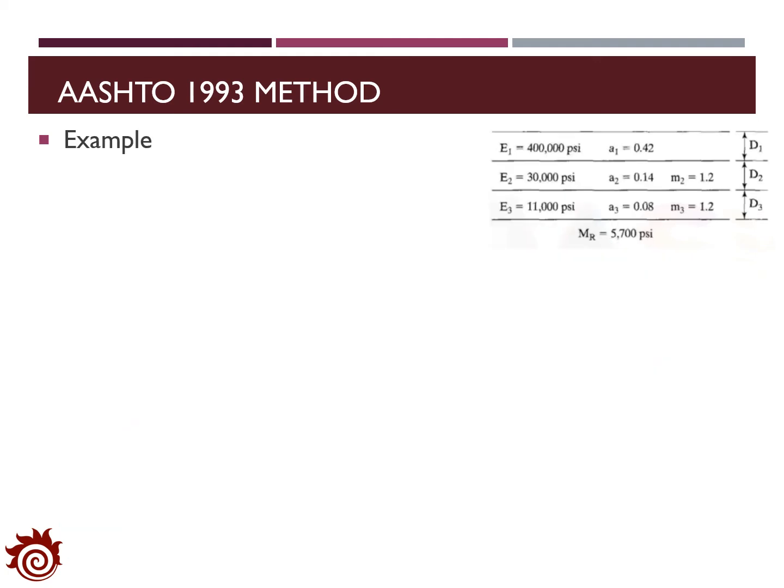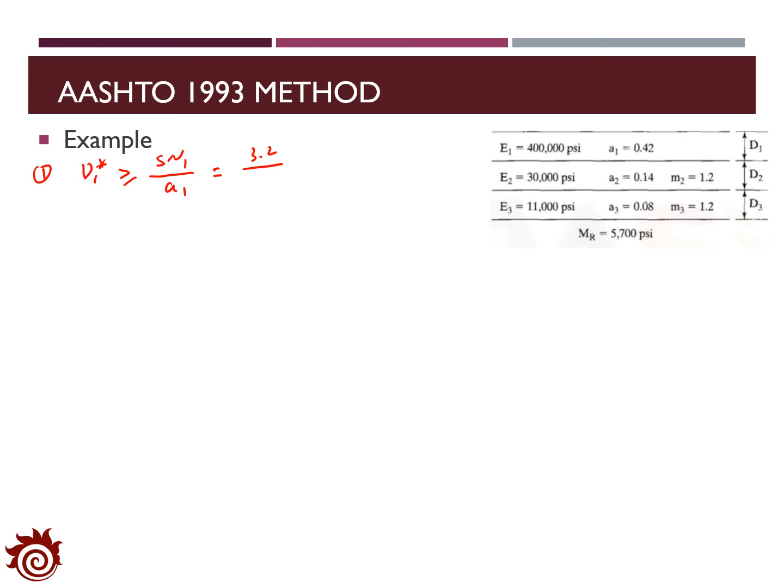For the first layer, which is the surface layer, we can use the formula we defined previously: D1 star should be higher than SN1 divided by A1. We know that A1 is 0.42 and SN1 is 3.2.